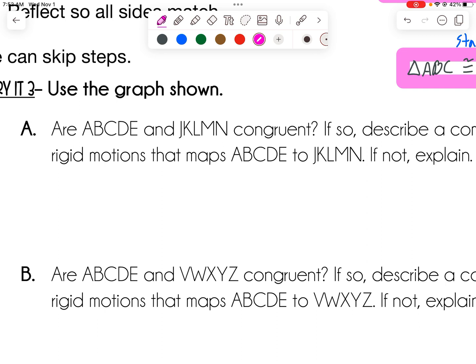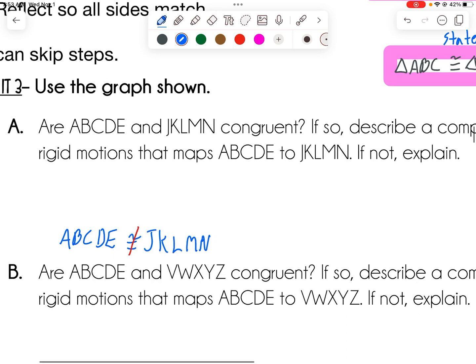And I'm going to write it out this way. ABCDE is not congruent to JKLMN. Okay? Those are not congruent, and to show that they're not congruent, I put a cross through my congruent. Now, this is my statement. So what's my reason?